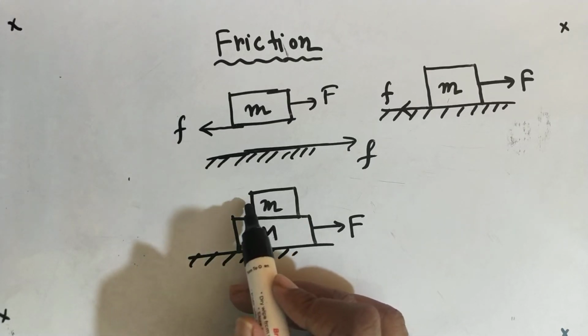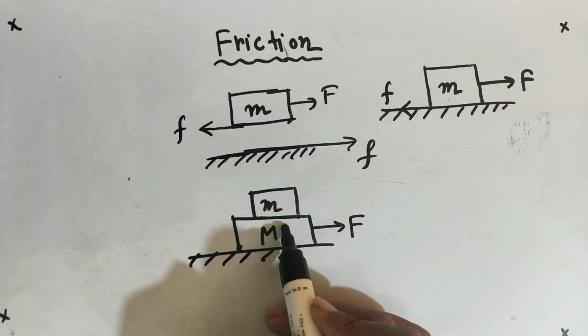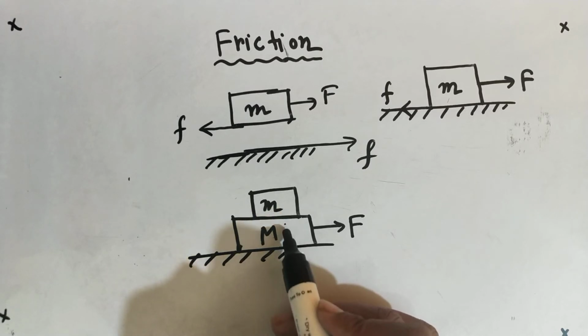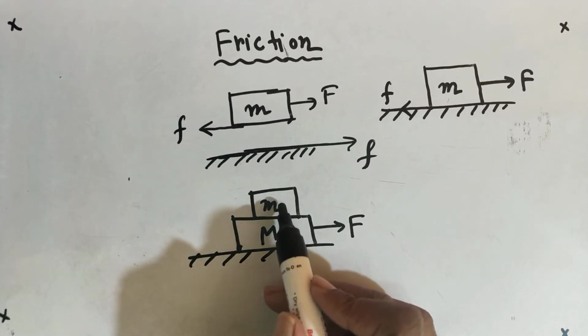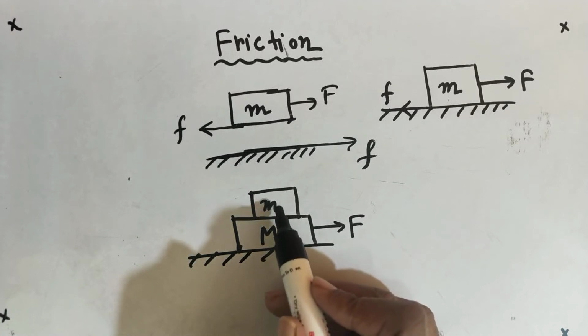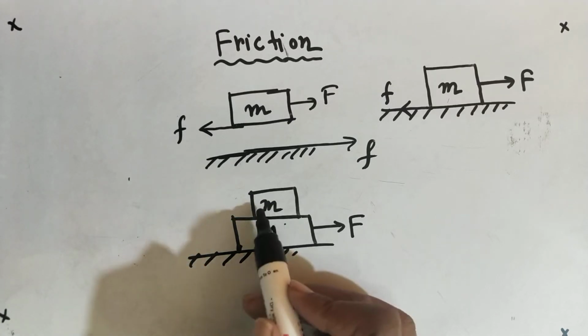You always have to look at the relative motion between these two surfaces. So the relative motion of small m with respect to capital M initially is in the backward direction.